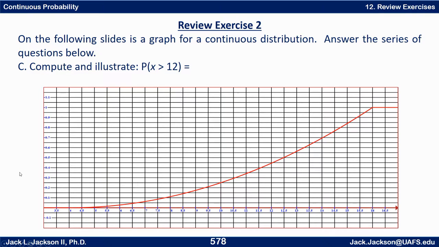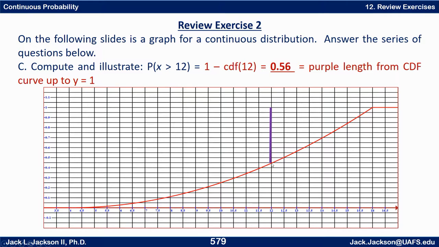Now, this one looks like it's pretty much on a line. So it looks like that y value is 0.45 or 0.44. It looks like it's slightly under, so I said 0.44. Subtract that from 1 and you get 0.56. You might have said 0.45 and gotten 0.55 here instead.